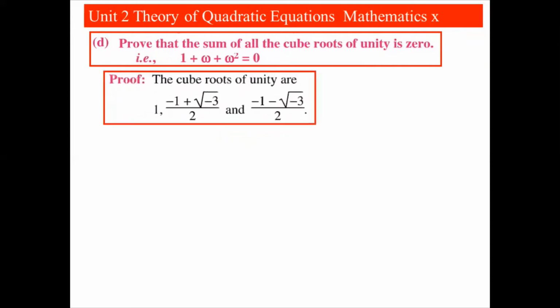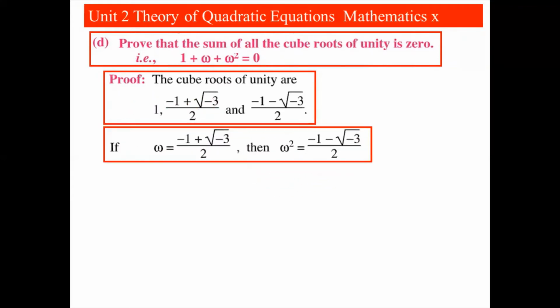Let's start the proof. The cube roots of unity are 1, minus 1 plus square root of minus 3 divided by 2, and minus 1 minus square root of minus 3 divided by 2. If we take omega is equal to minus 1 plus square root of minus 3 divided by 2, then it means omega square is equal to minus 1 minus square root of minus 3 divided by 2.